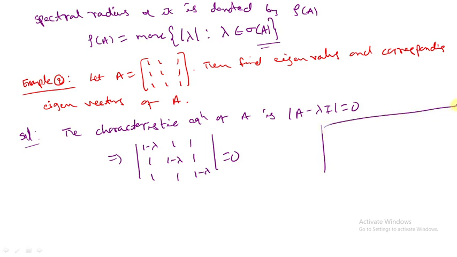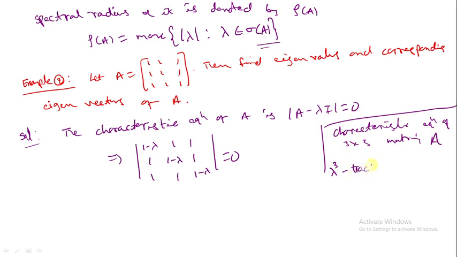For any 3 by 3 matrix, I give one formula for the characteristic equation. For a 3 by 3 matrix we get lambda cubed minus trace of A times lambda squared, suppose A is Aij, plus the sum of the minors of diagonal elements M_ii times lambda, minus determinant of A, equal to 0. This gives the characteristic equation.